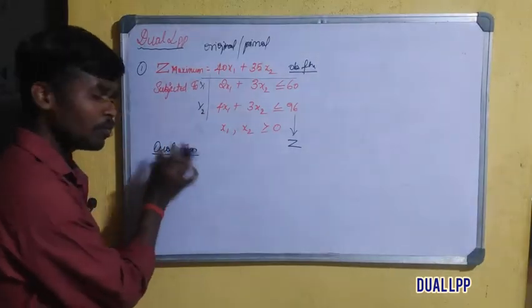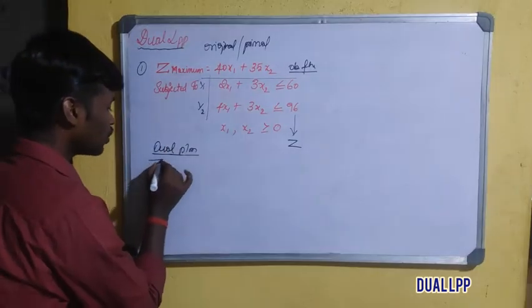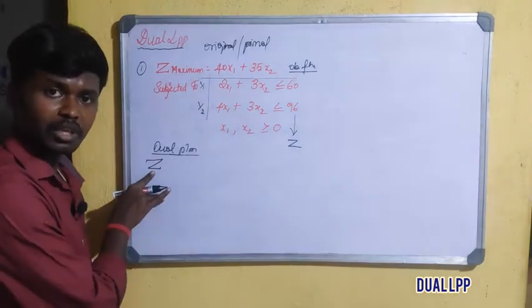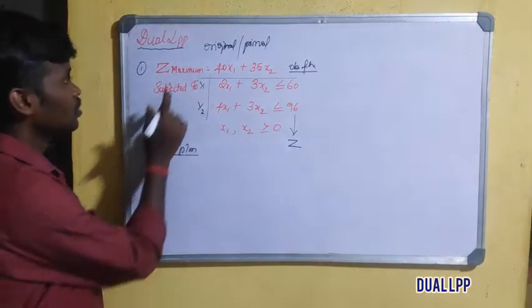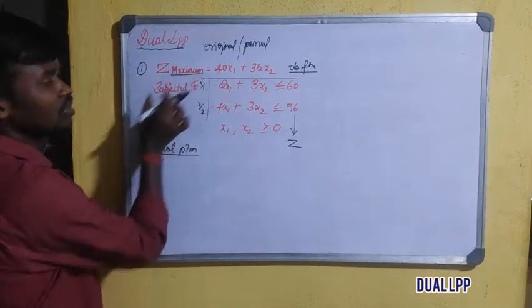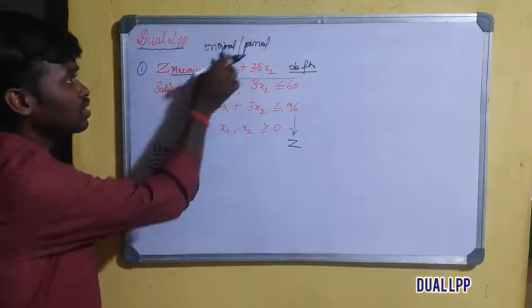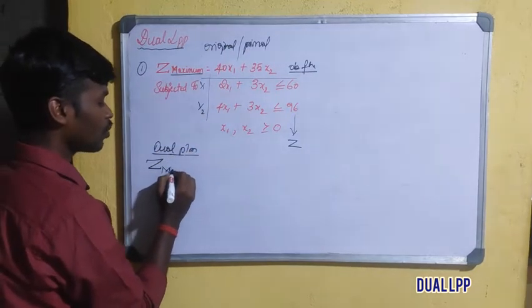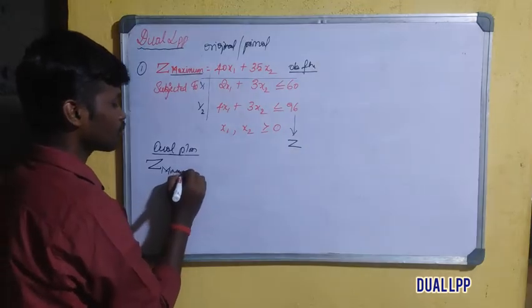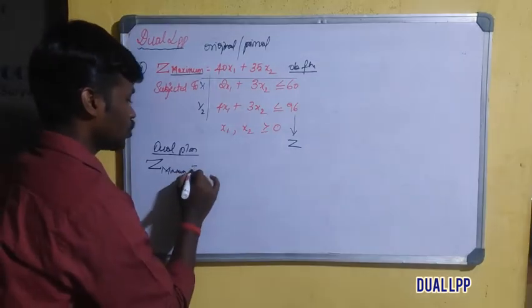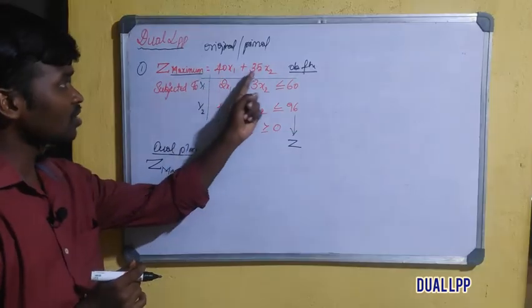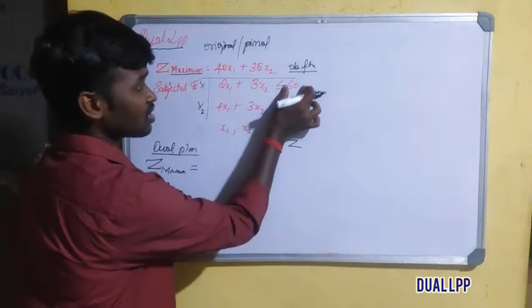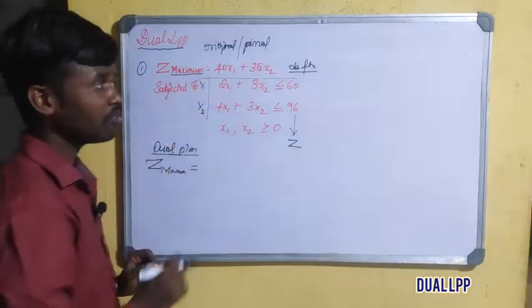In the dual problem we also have to form the objective function, denoted by the Z symbol. What is the objective? The primal is maximum, so while converting to the dual we use the opposite, that is, minimum. Z equals the objective function formed from the constraints.